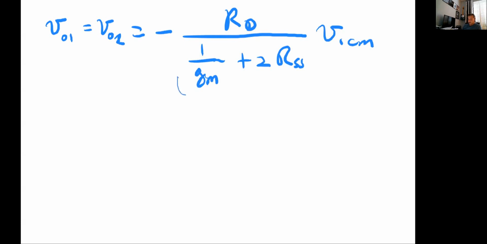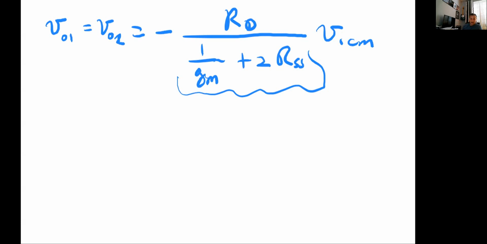So I can look at this and say, what does it take for that output to be rejected? What does it take for the change of the output? Because rejection means that the voltage is going to be small in relationship to the input common voltage, or the changes of it, so it's going to be immune to the changes of the common mode voltage.